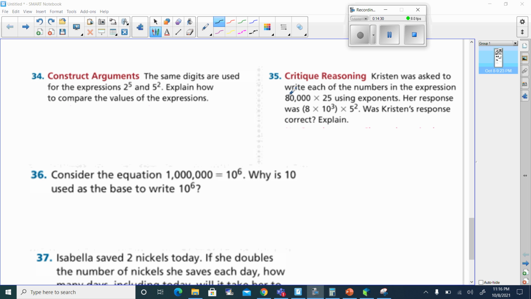So this should be 8 times, well, let's see how many zeros we got. 1, 2, 3, 4. So that'd be 10 to the 4th power. That tells me right there Christian did something wrong because she has 10 to the 3rd power. So her response is incorrect. I'm going to say no, it is not correct. And you know what? I'm going to type this because it's easier for me to type this part. Okay.